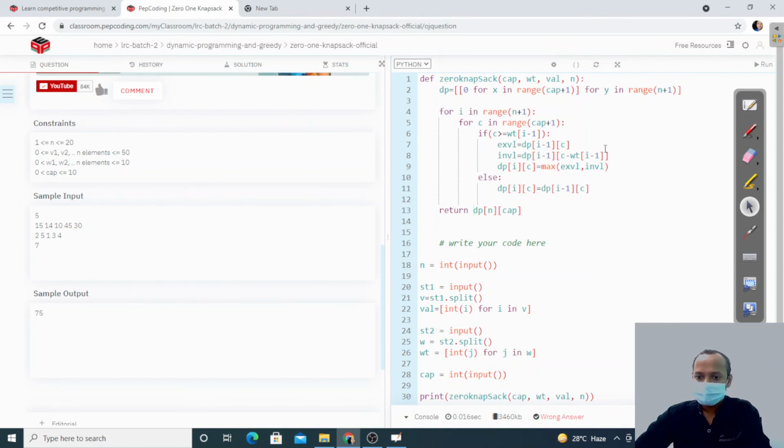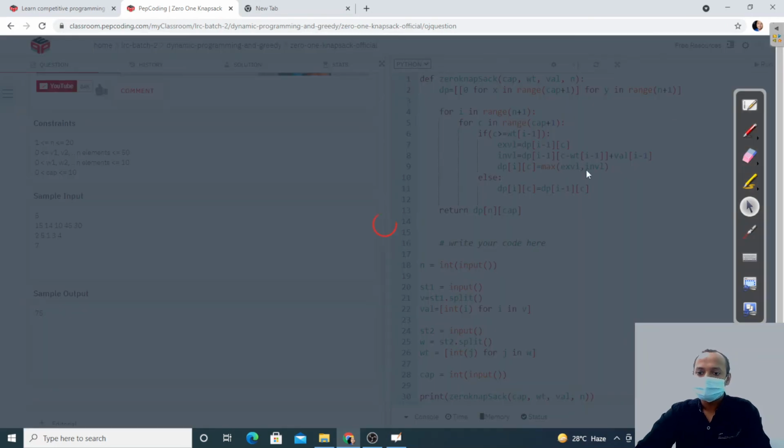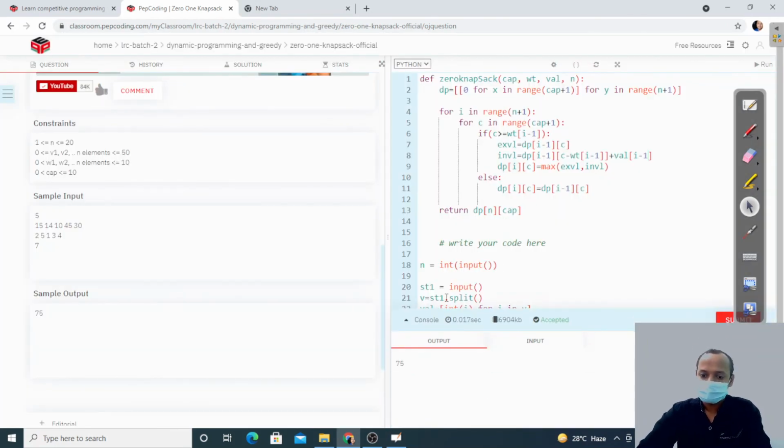Also, if we include the value, we also have to add the value of the item. So here we write value of i minus 1. Sorry for that. Okay, now run this again. So this time it's accepted. Now submit this.